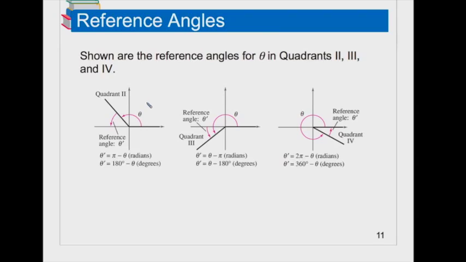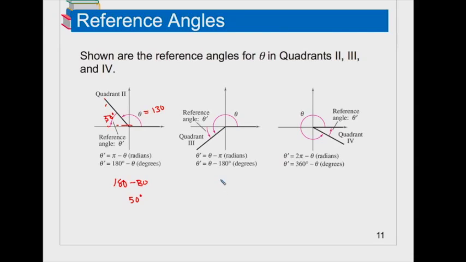For example, if theta equaled 130 degrees, my reference angle over here will be found by doing 180 minus 130, and my reference angle would be the 50-degree theta value in here. Right? And I could make my triangle in here, and I'd be able to work with it just like that. Now, what about if the theta value goes beyond 180?